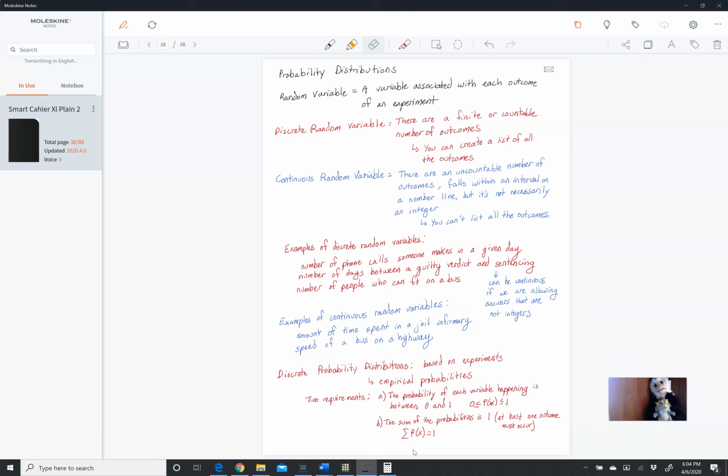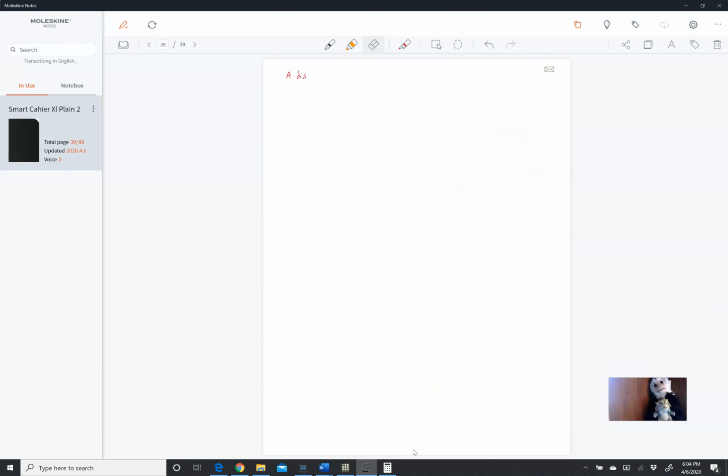Okay, so let's do an example. So first of all, these are relative frequencies. So a discrete probability distribution is exactly the same as a relative frequency distribution.